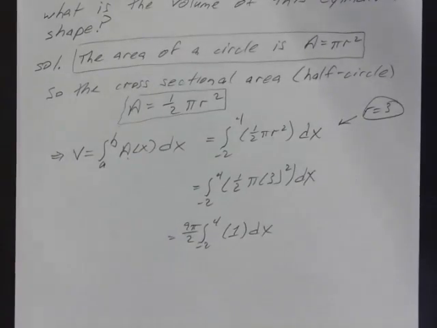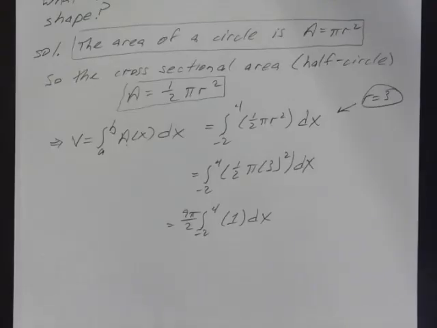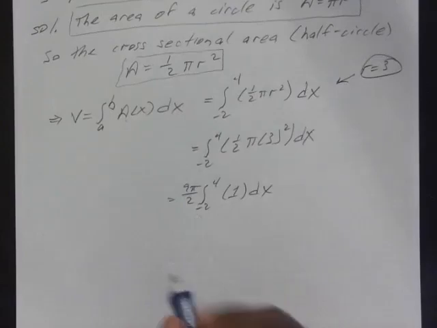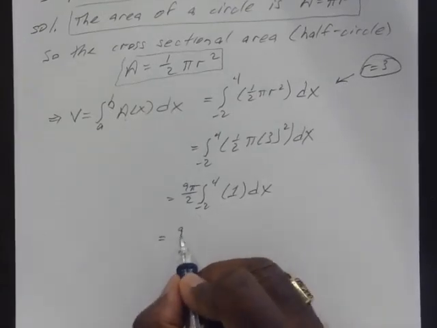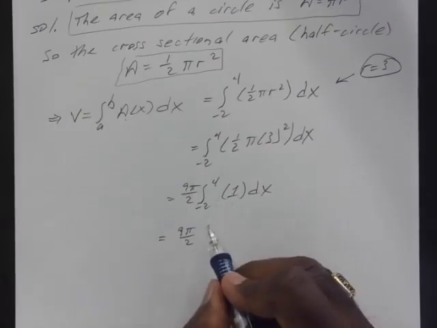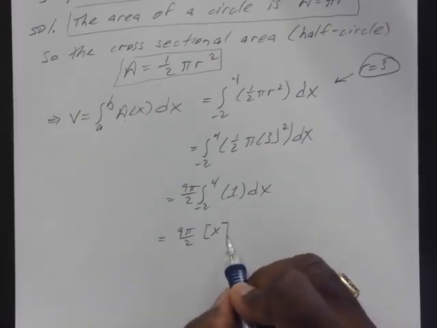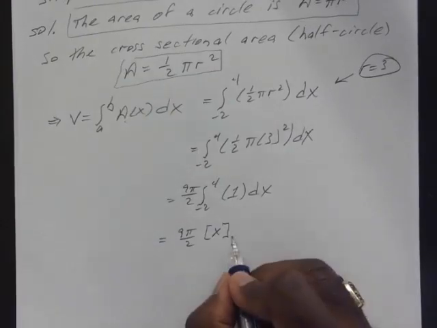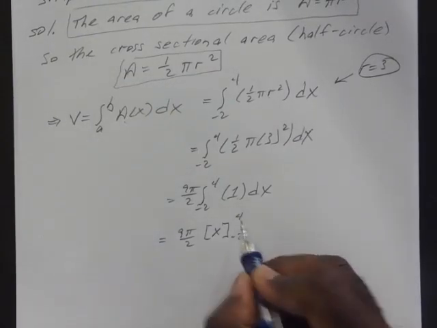Completely up to you. Okay, so if we integrate this, that gives us 9 pi over 2 times the integral of 1, which is just x. And that's from -2 to 4.